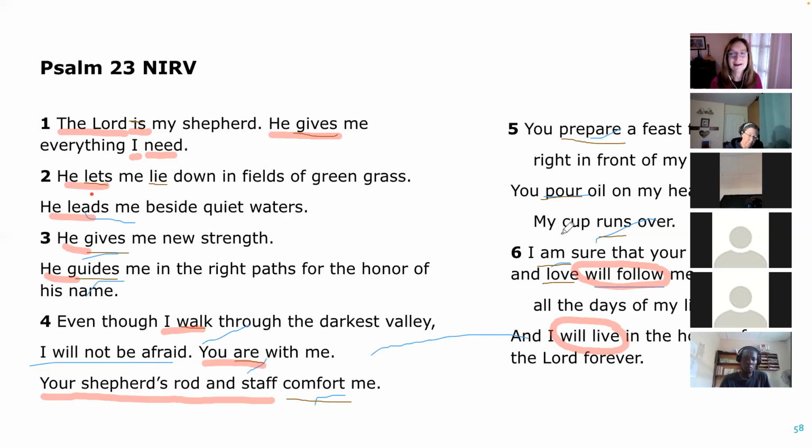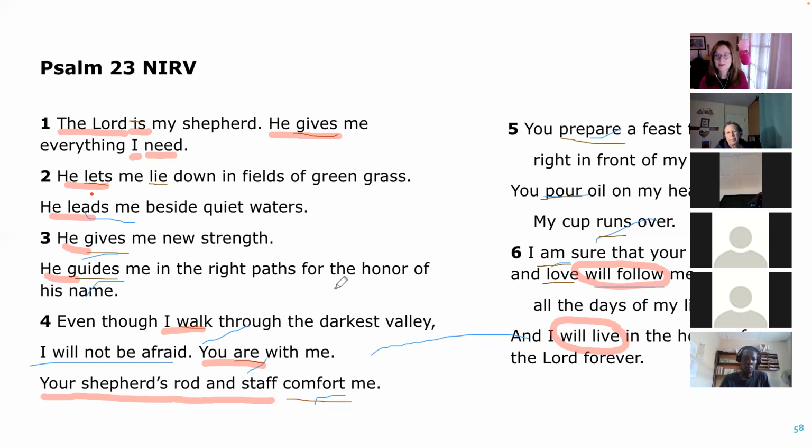And so this gives you a little bit of an example of how we can show our students using the Bible verses how these verbs are used, and it can also bring us into a greater conversation.